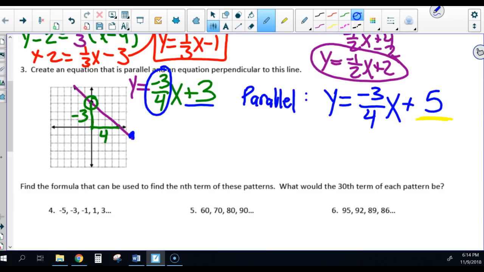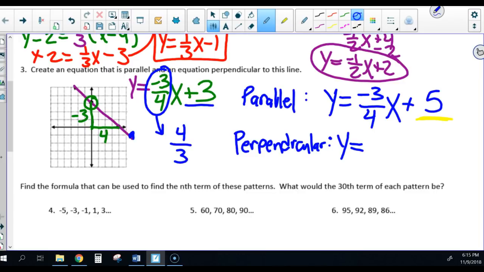That is parallel. Perpendicular is y equals, I need the slope to be the opposite reciprocal of negative 3/4, so positive 4/3. It's not possible for it to be the exact same as this purple line anymore because the slope is different.